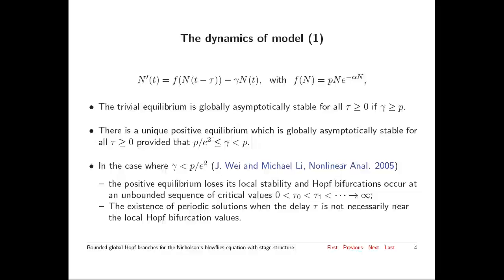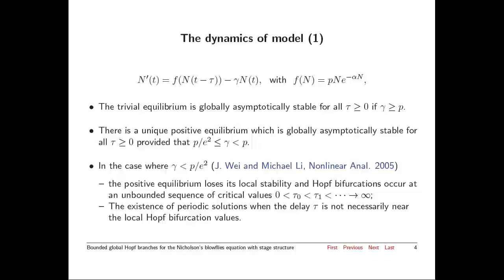Otherwise, if gamma is less than p, we find another critical value, p over e squared. If gamma is between p over e squared and p, in addition to the trivial equilibrium there exists a unique positive equilibrium, and this unique positive equilibrium is globally asymptotically stable. It means the species population will eventually converge to a positive constant level.